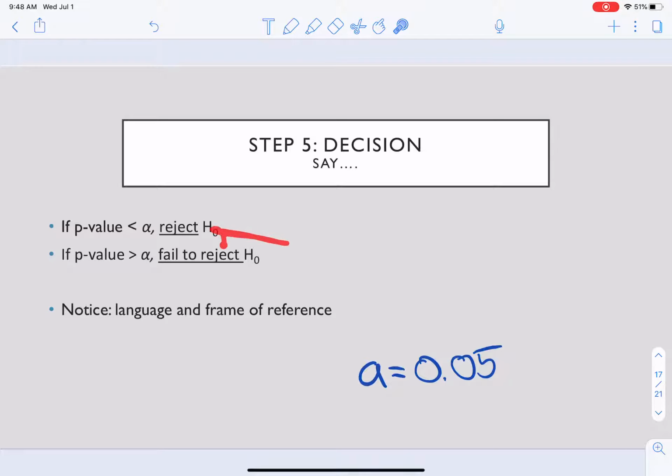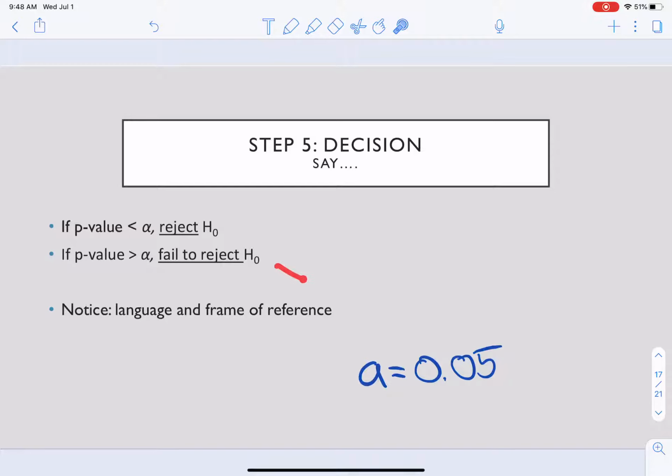Rejecting the null hypothesis, makes sense, right? That's at least easy enough to kind of wrap your head around. Failing to reject the null hypothesis gets a little convoluted almost. Okay, so in this case, based on our data, we have quite a bit of evidence against the null hypothesis.